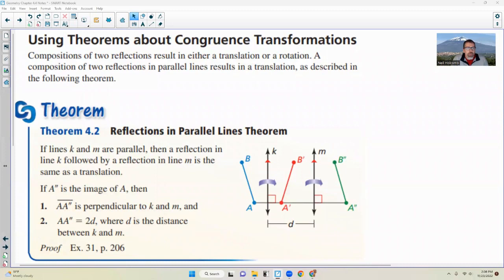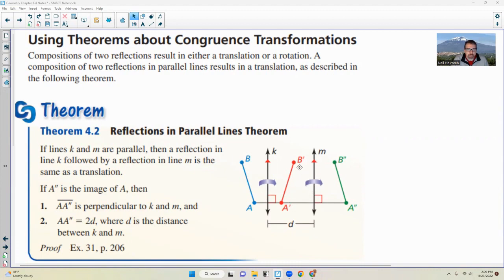Okay, using theorems about congruence transformations, compositions of 2 reflections result in either a translation or a rotation. Okay, let's repeat that. Reflect and then reflect again results in either a translation or a rotation. So if we look at this diagram before I go any further, if I reflect AB over line K, I get A prime B prime.